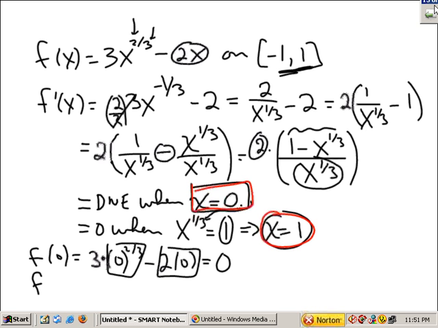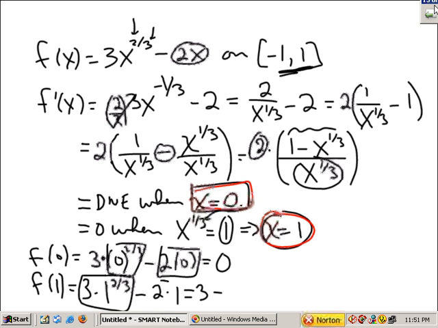Now let's find f of 1. 0 to any power is 0. 1 to any power is 1. 3 times 1 to the 2/3 minus 2 times 1. Well, 3 times 1 is 3 minus 2 times 1 is 2. 3 minus 2 is 1.